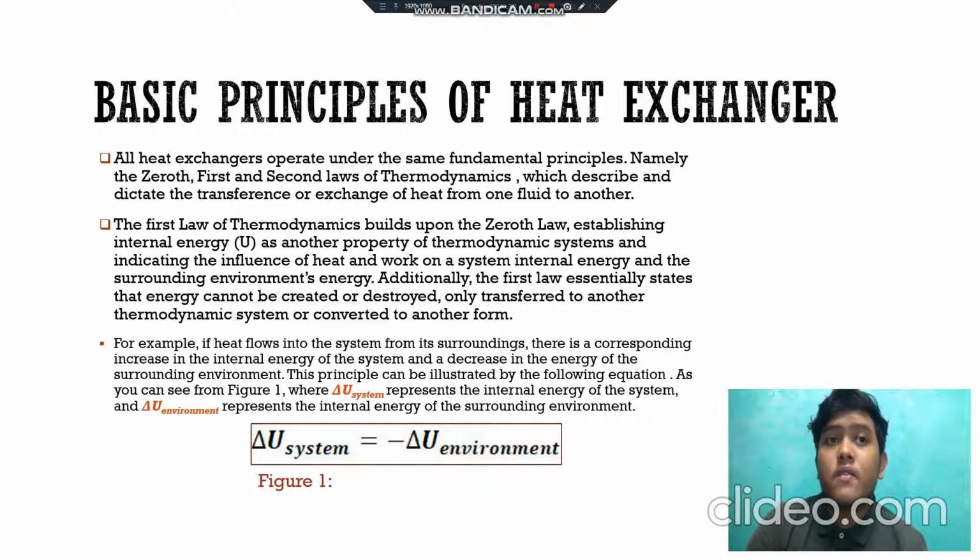The first law of thermodynamics builds upon the zeroth law, establishing internal energy as another property of a thermodynamic system and indicating the influence of heat and work on the system's internal energy and the surrounding environment's energy. Additionally, the first law essentially states that energy cannot be created or destroyed, only transferred to another thermodynamic system or converted to another form.